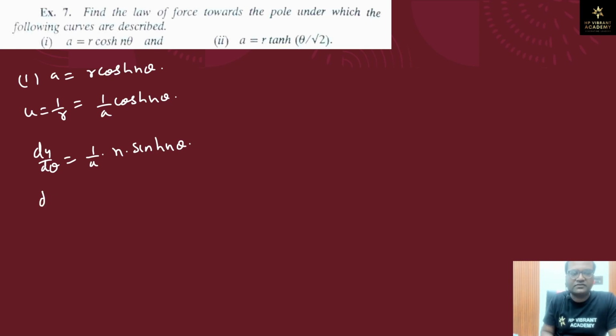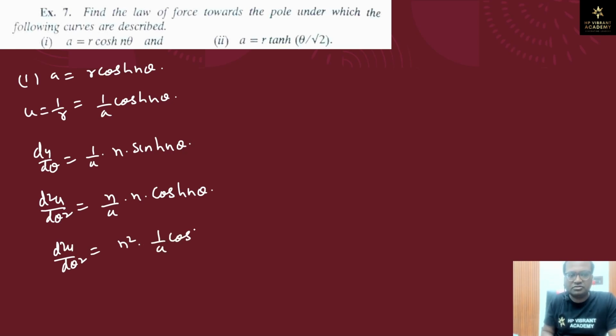Okay, so let us further differentiate this. d2u upon d theta square is equal to n upon a into n times cos hyperbolic n theta. So we have d2u upon d theta square is equal to n square into 1 upon a cos hyperbolic n theta, and 1 upon a cos hyperbolic n theta is u from this particular expression. So let us take this as equation 1 and this as equation 2. So we have d2u upon d theta square is equal to n square into u.